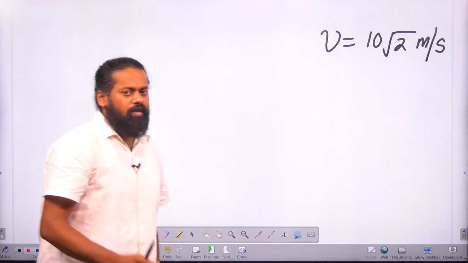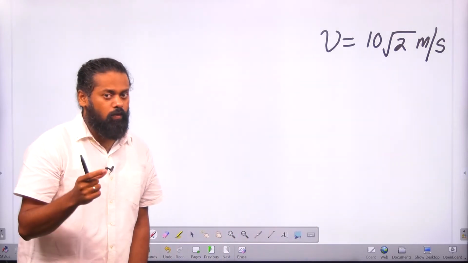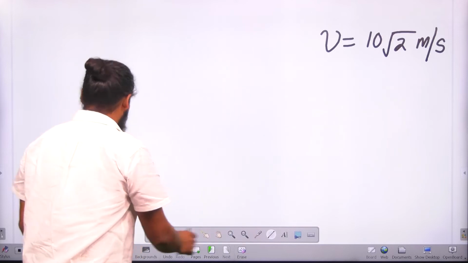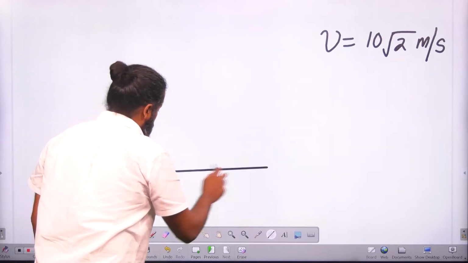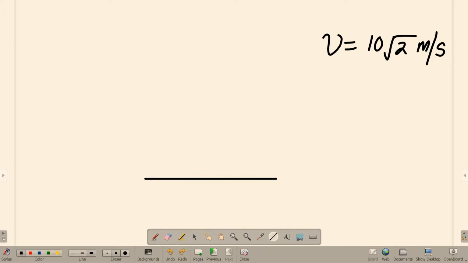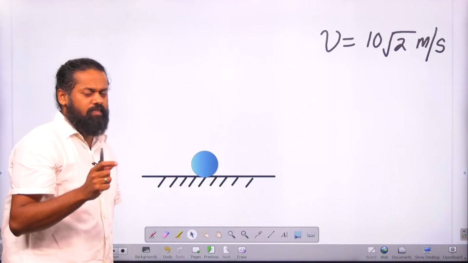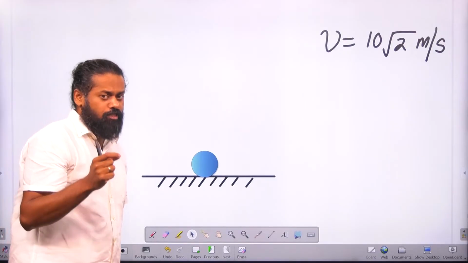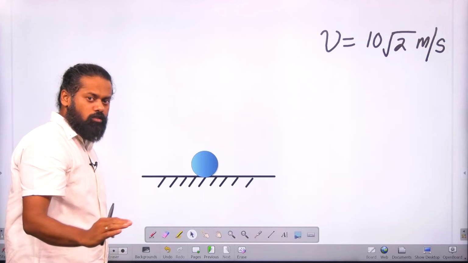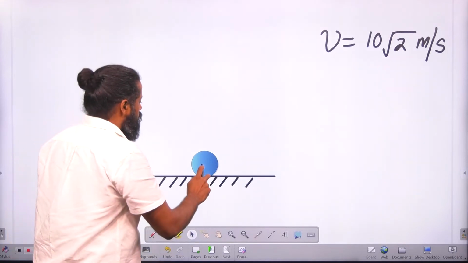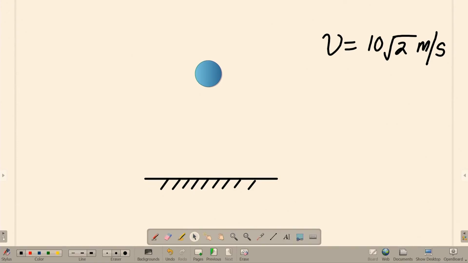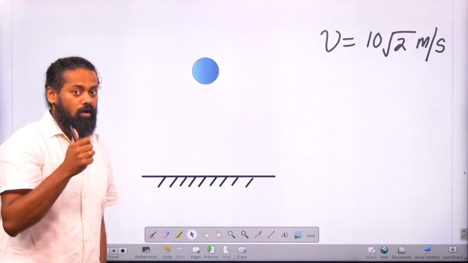Now, what do you mean by elastic collision? If the ball is hitting the surface and it is perfectly elastic, we can say the coefficient of restitution is 1. There is no loss of energy. So the ball goes in the upward direction after rebounding with the same velocity.